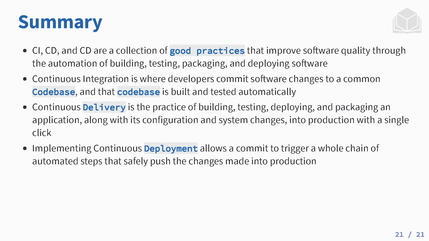We have the little box here: CI, CD, and CD are a collection of good practices, if not best practices, that improve software quality through the automation of building, testing, packaging, and deploying software. So continuous integration is where developers commit software changes to a common code base, and that code base is built and tested automatically. Continuous delivery is the practice of building, testing, deploying, and packaging an application, I would say in any system anywhere.